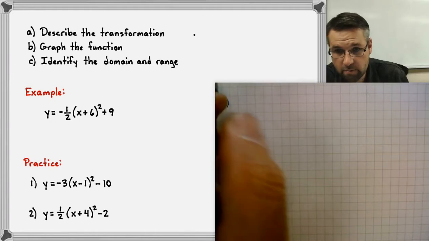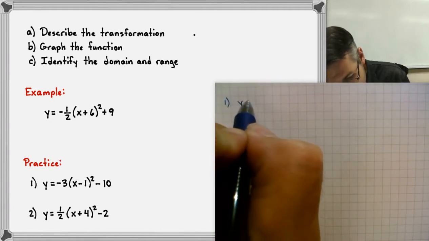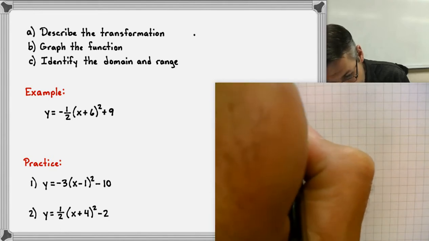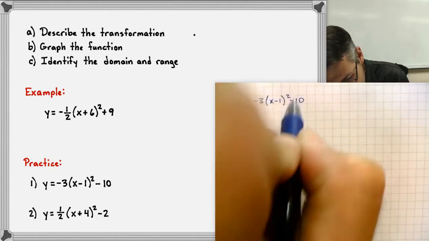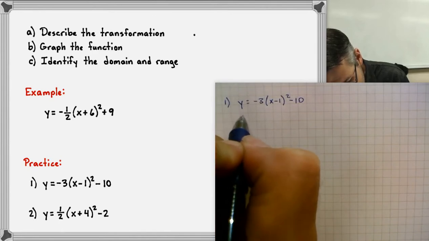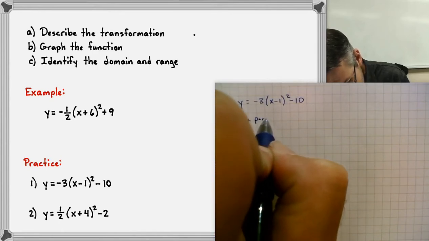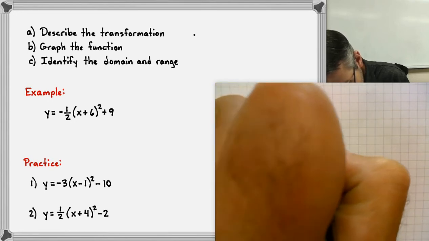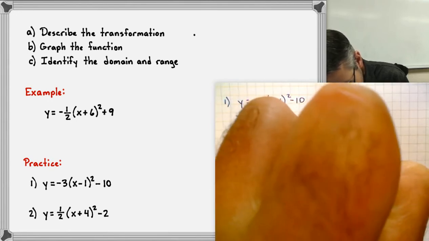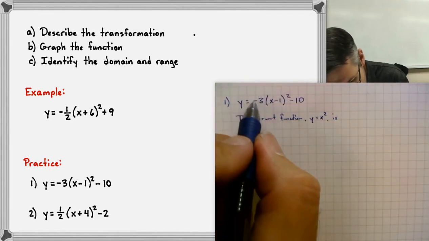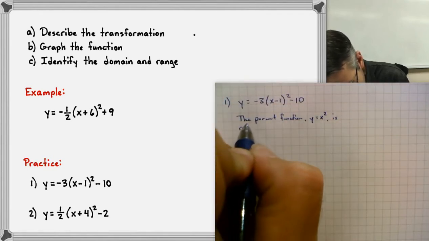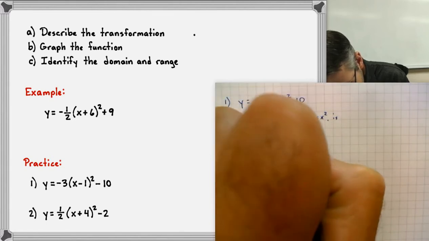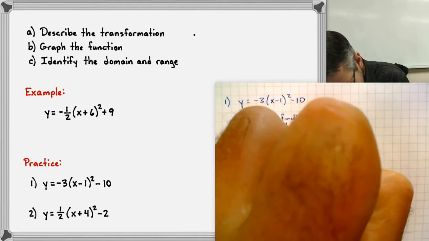So for number 1, it gives us the equation y equals -3 times (x minus 1) squared minus 10. So the first thing we're going to say is the parent function of y equals x squared is, well, it's got a negative a value, so it's reflected about the x-axis.